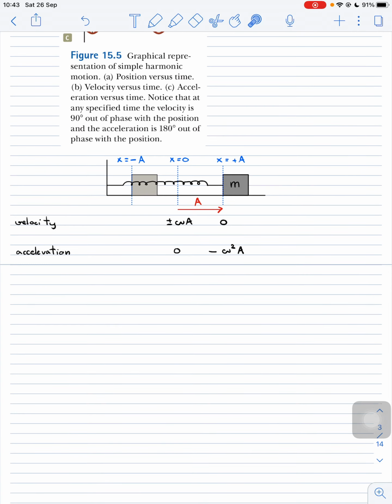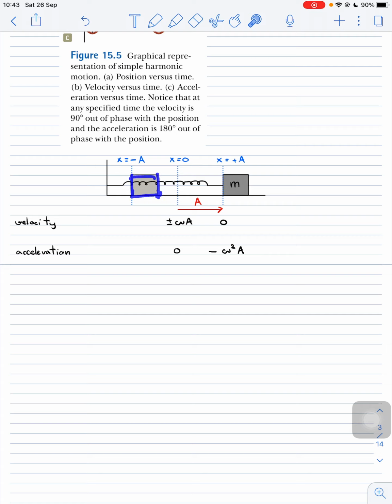After the object passes through the equilibrium position and goes to the left, you can see that the object will go slower and slower. Why? Because as the object moves to the left-hand side, the spring tries to pull it back to its equilibrium position, and then the object will stop at this position.